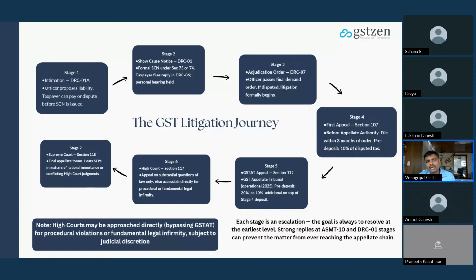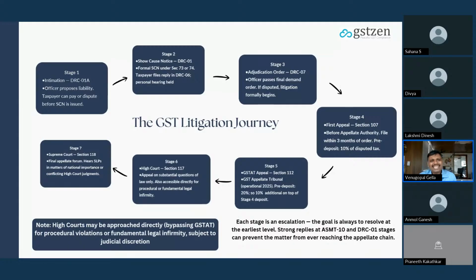So from DRC 07, we are moving to APL 01, section 107. So you will either go to Joint Commissioner Appeals or Commissioner Appeals looking at the order who has passed. If an AC has passed an order, you go to JC. If JC has passed an order, you go to Commissioner Appeals.